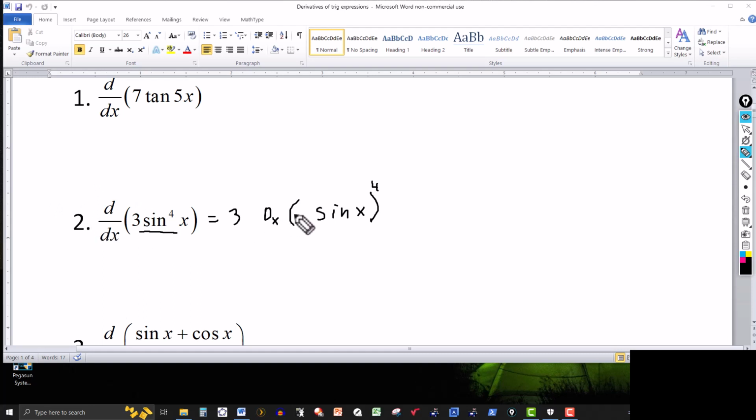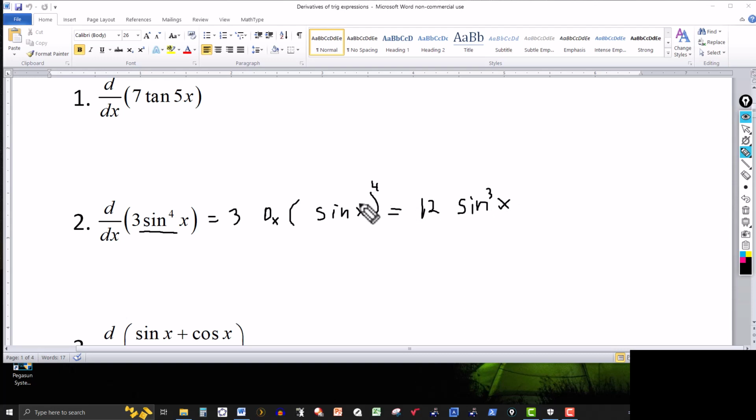So with this method, you take the derivative of this expression, then it's times the 3. So 4 multiplies to 3, but then you're going to multiply by that 3 anyway. So that's going to be 12. And then we subtract 1 from that exponent there. I can also keep it in parentheses. Sine cube of x.